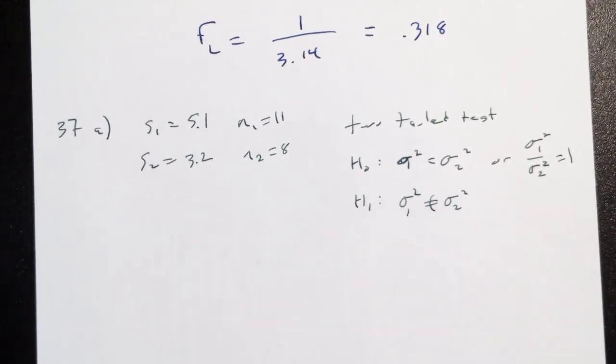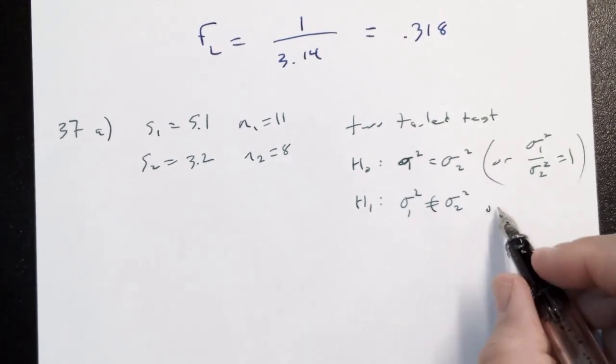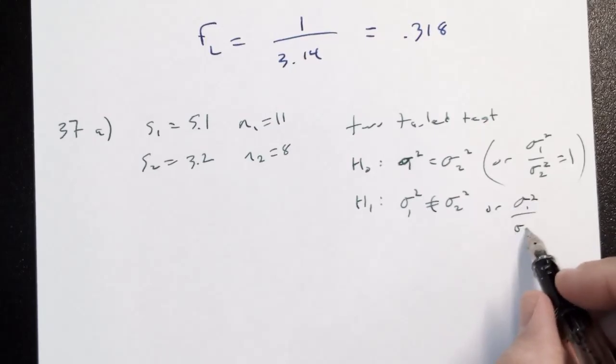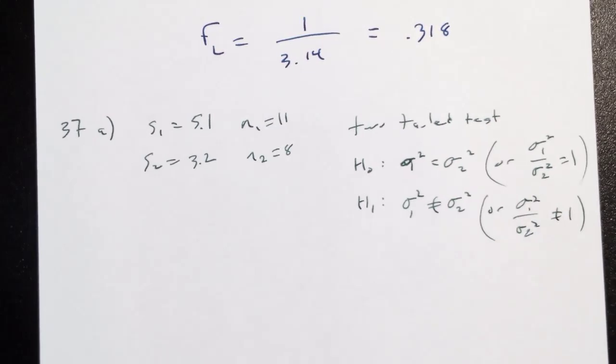Right. But the reason I want to have this idea in front of me as well is because that's related to our F, right? F is ratio. Okay. Two-tailed test.